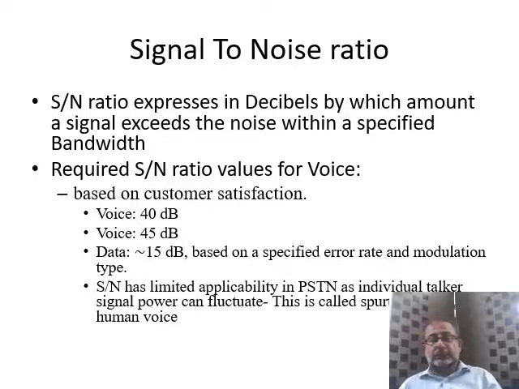So there are different levels of signal during human speech. So signal to noise ratio is not the right way of assessing how good a speech is reaching the other point. So signal to noise ratio is considered when we are using data communication.